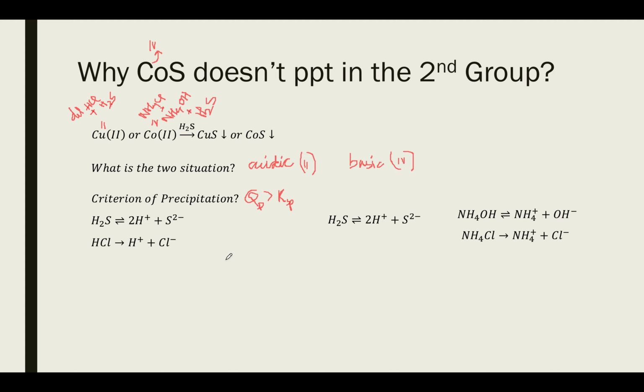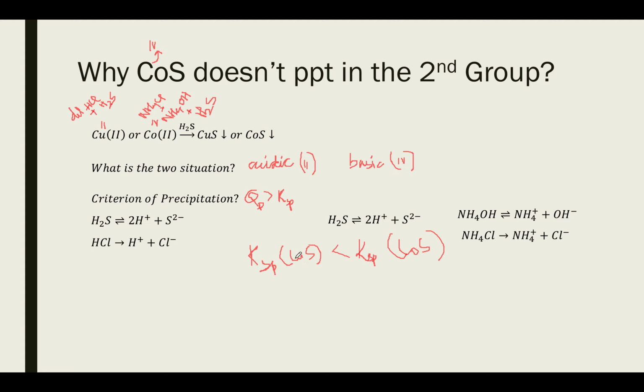What I mean to say is that the Ksp of copper sulfide is lower than the Ksp of cobalt sulfide.